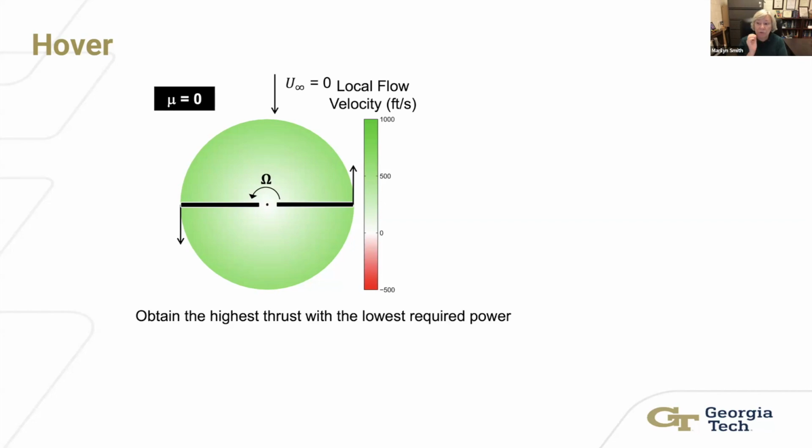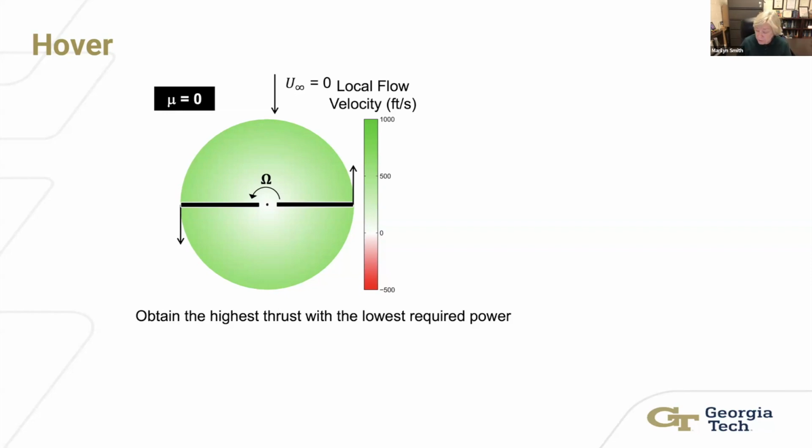So typically your goal is to obtain the highest thrust with the lowest required power for your rotor. Now your rotor is key here. If you have multiple rotors, typically we just do a simple algebraic division. If you have 4 rotors, take your gross weight and divide it by 4, and that's what each rotor would have to do.